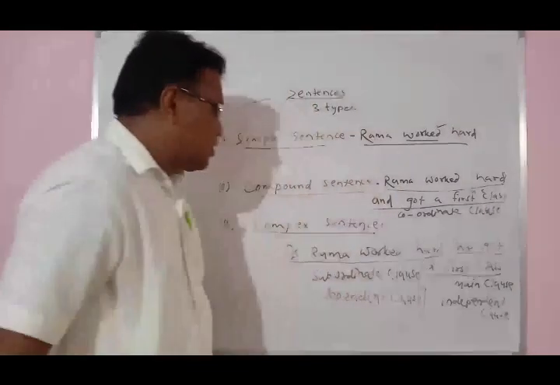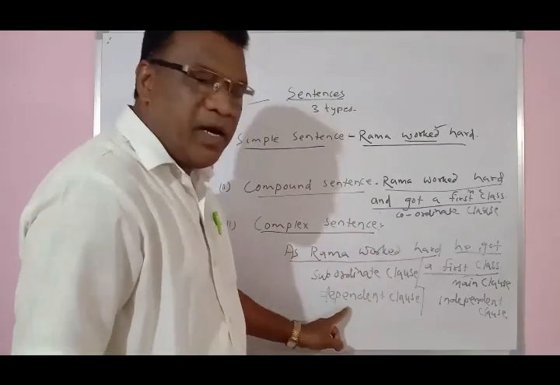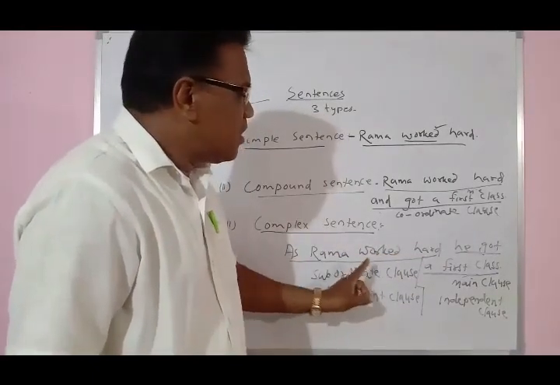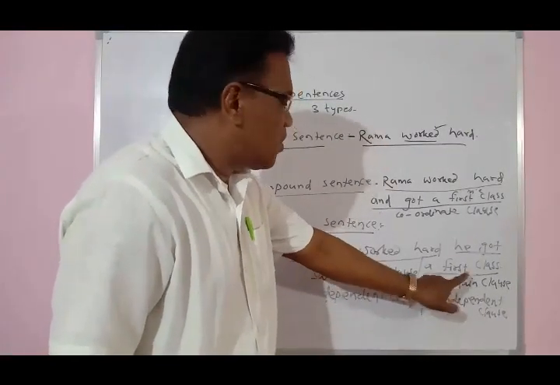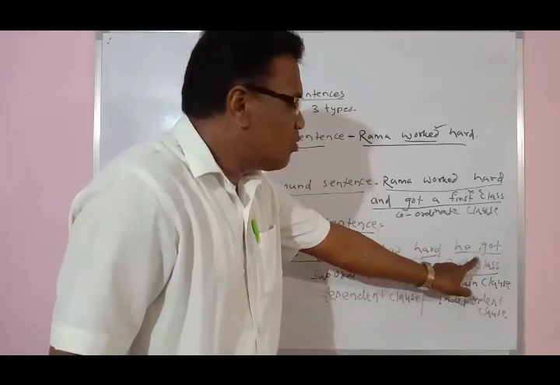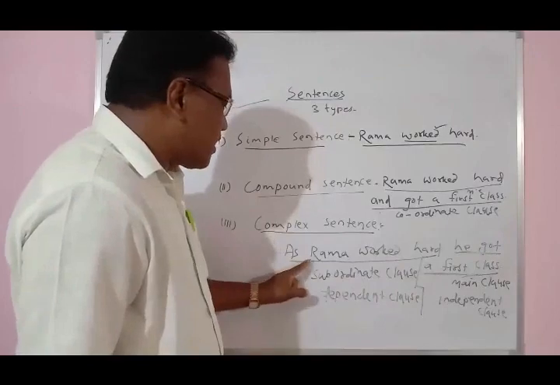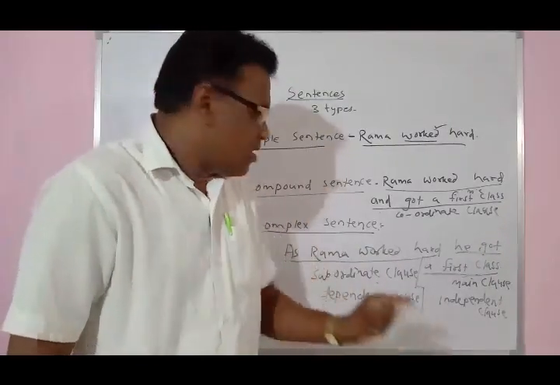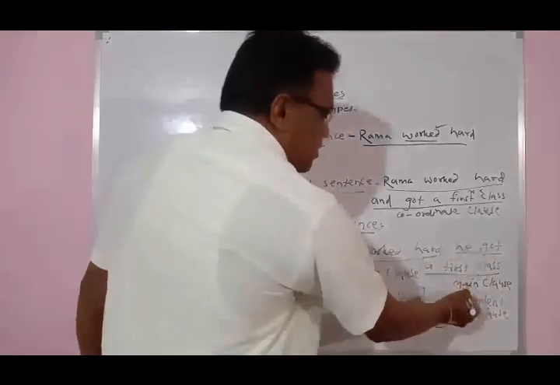So students, you see, as Ramo worked hard is a dependent clause. This clause depends upon the independent clause or main clause, he got a first class. Without this main clause, the subordinate clause has no meaning.